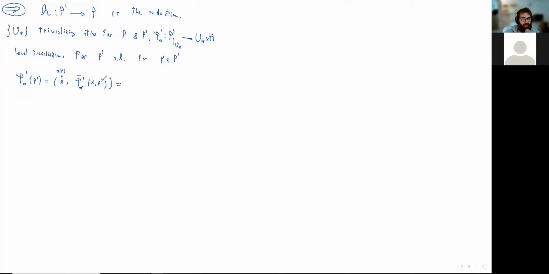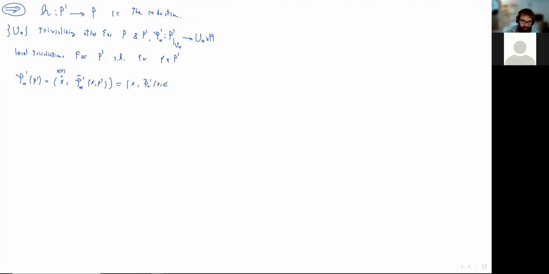And the thing is that I can think of this p prime as both a point in the bundle p prime, and as a group element. So if I think about it as an element of the group H, then I can just bring it outside by the definition of principal bundle.